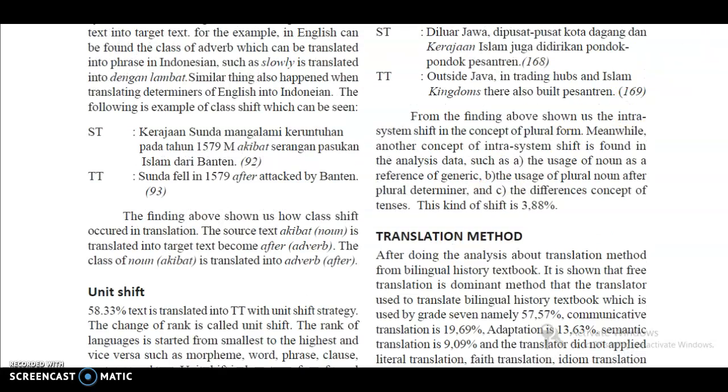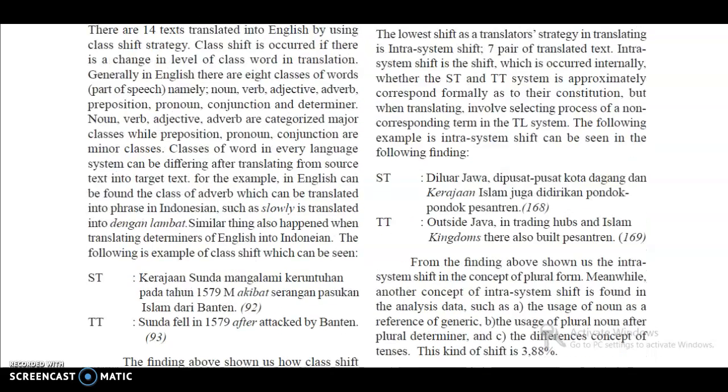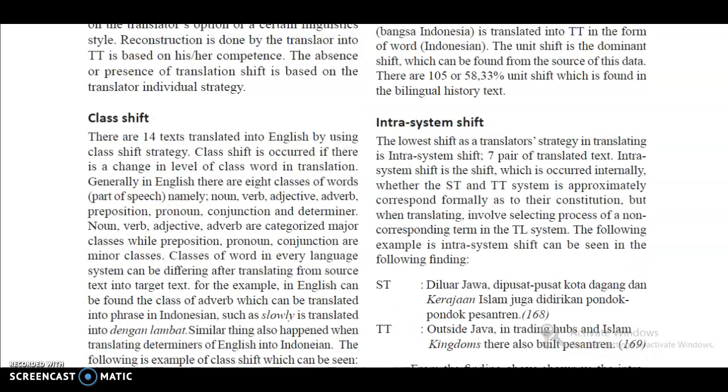For better understanding, you can read my article from Humaniora. So this is the example of intra-system shift. I hope you know the concept of shift and the examples of shift based on Catford's theory.